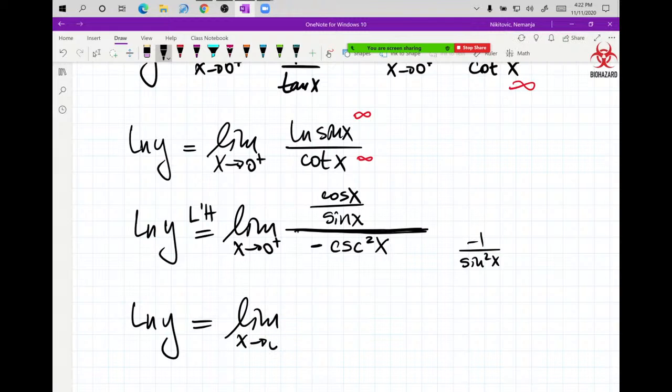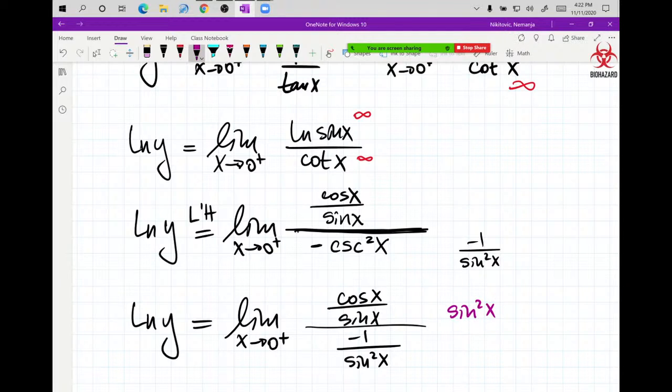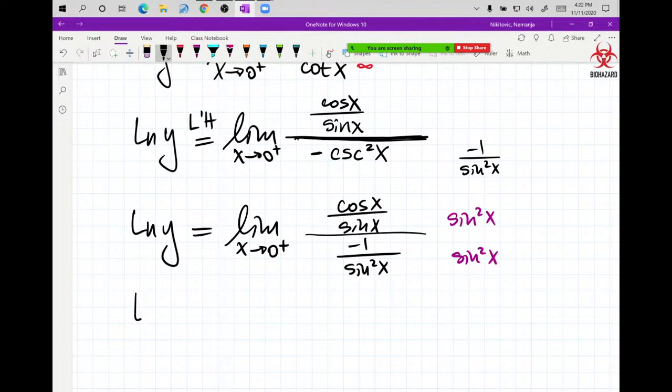Now you can use the Pythagorean identity and a whole bunch of other things, but when you have a cosine x over sine x, and you have -1 over sine squared x, and you multiply top and bottom by sine squared x, all of this simplifies very nicely.